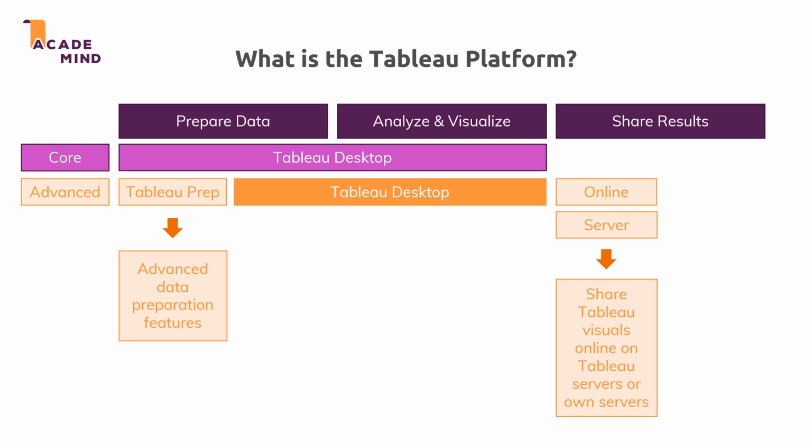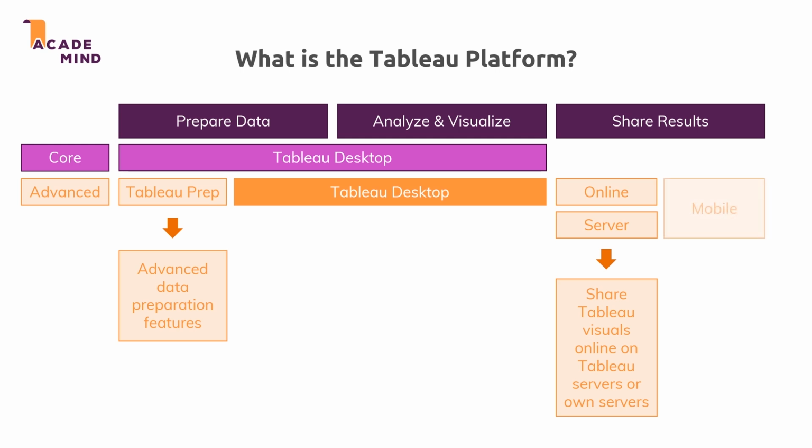Both allow you to share Tableau visuals, so visuals you created in Tableau Desktop, for example, online, but this time in a more private way, so only selected users with specific rights can access that data. And in the case of Tableau Online, this data is stored on Tableau servers, but not as for Tableau Public on public servers, but private servers. Or if you use Tableau Server, you can even store the data on your own server.